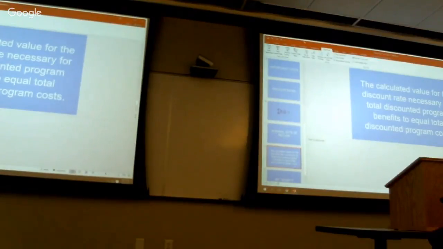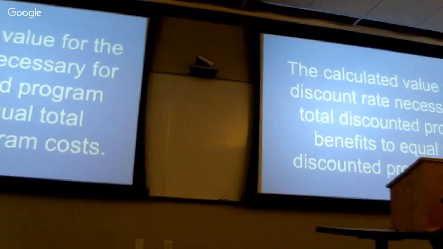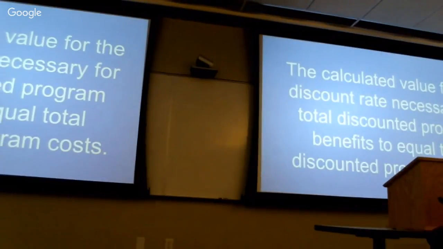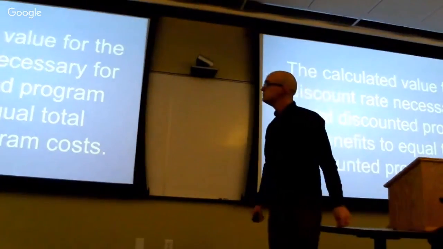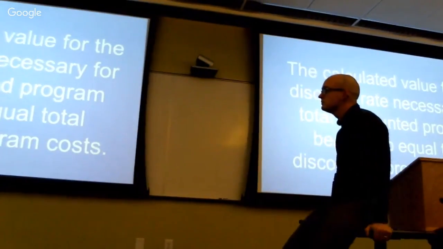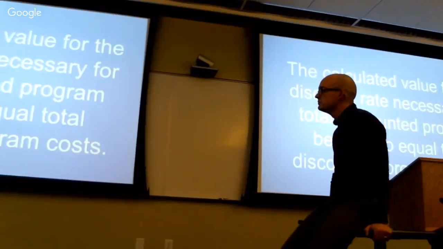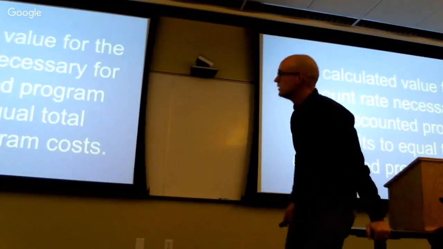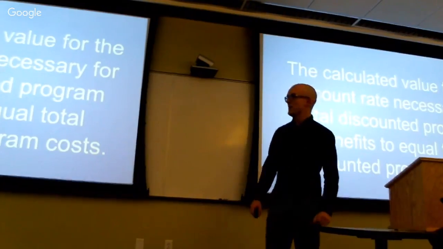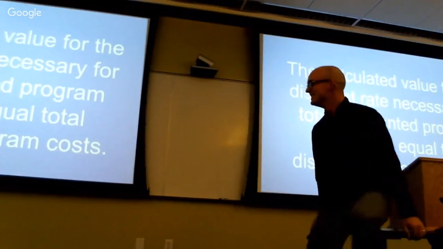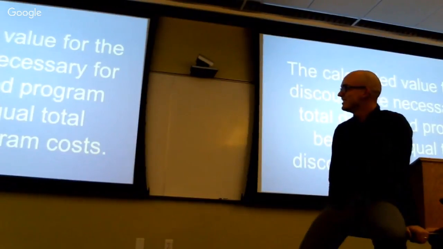Can somebody read this? The calculated value for the discount rate necessary for total discounted program benefits to equal total discounted program costs. See, this is why I couldn't remember it so bad.